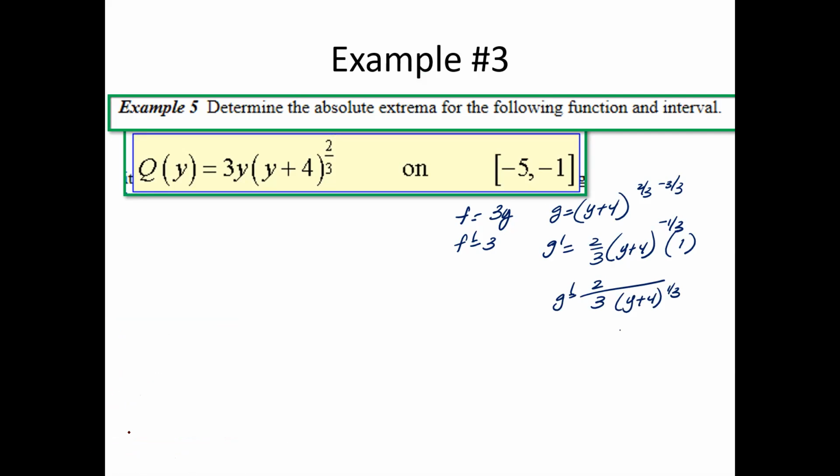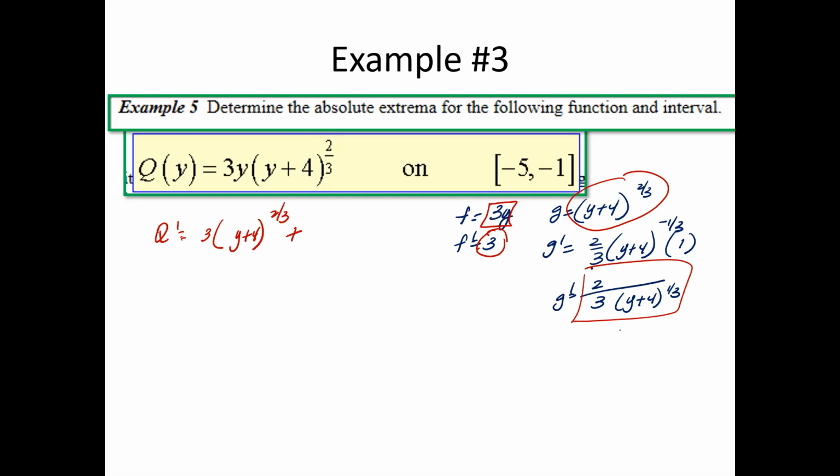Next, I'm going to apply the quotient rule. So Q prime is equal to F prime times G. And remember, this part does not have the -1/3. So I have a 3 times (y plus 4) to the 2/3 plus F times G prime.